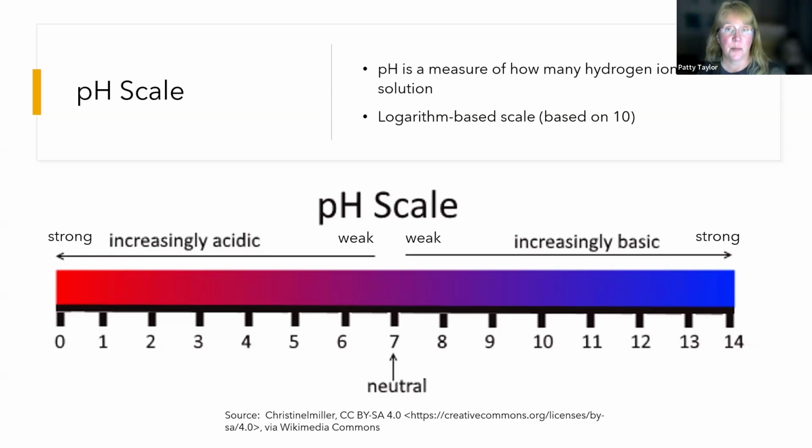It doesn't release absolutely no hydroxides, it just releases far more hydrogens than it would hydroxides. On the other end of the scale, let's pick something like 11. A pH of 11 is basic. It's going to release more hydroxide ions than a pH of, say, 3 would. So it's a continuum more than just a hard, fast changeover at 7 from whatever that chemical releases.